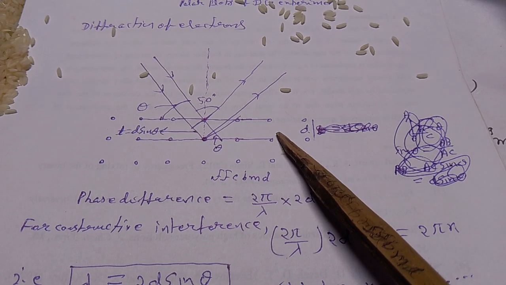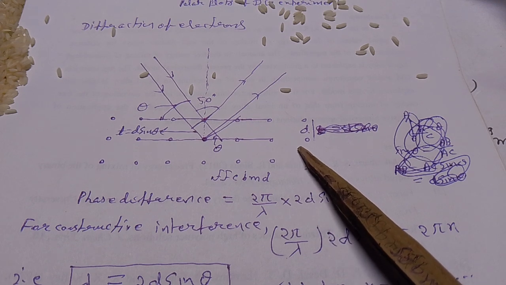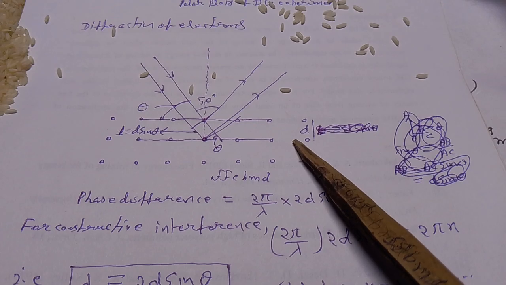The spacing between the crystal planes as measured by X-ray diffraction techniques was found to be 0.91 angstrom. Let us now calculate the wavelength of the electron waves from these electron diffraction data.